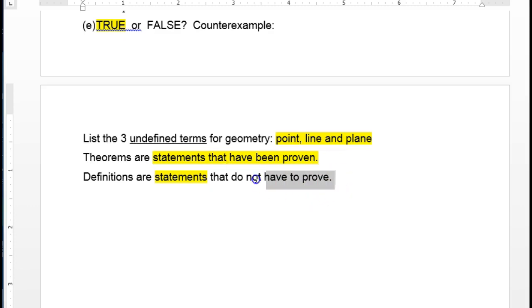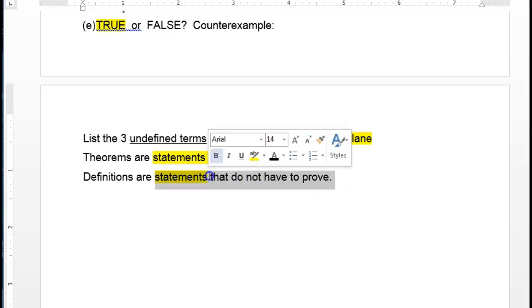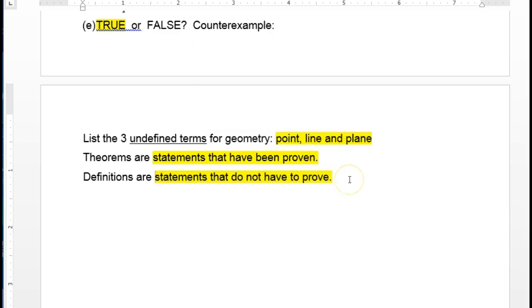I don't have to prove to you what the word complementary means. We just accept that the word complementary means that the angles add up to 90. Everyone in math has agreed that that's what that word means. It's just like we don't have to prove to you that this color right here is yellow. That's just what we all understand it to be. That's a definition.